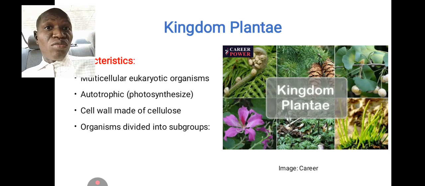We have two major classifications: autotrophic and heterotrophic. Autotrophs can produce food by themselves. Heterotrophs don't produce food by themselves; they feed on others. So plants are autotrophic, that is, they can photosynthesize, they can produce food by themselves using sunlight, carbon dioxide, and water. Their cell wall is made up of cellulose, and they are divided into subgroups.